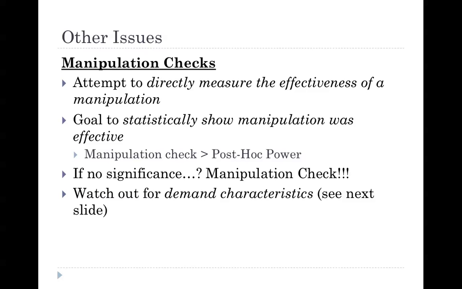With post hoc power, if I were to find a difference, I could go back and say there was this much of a chance that it was due to this effectiveness. However, with the manipulation check, I could directly show that my manipulation was effective and that participants were aware of that.